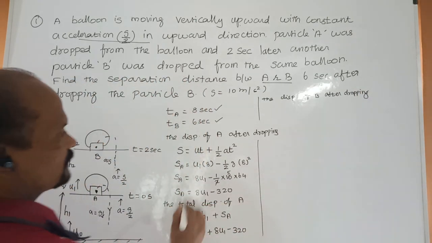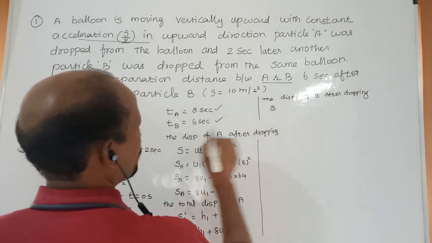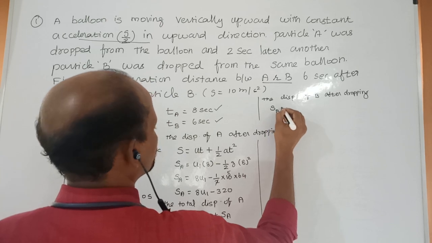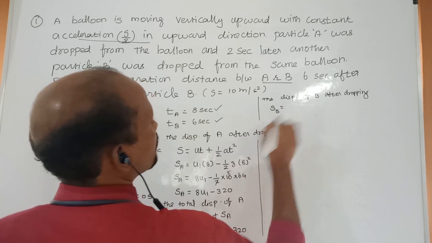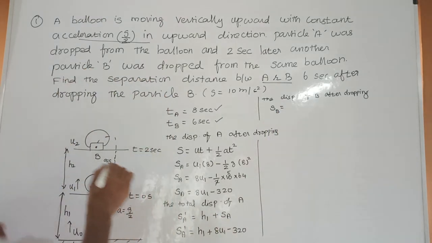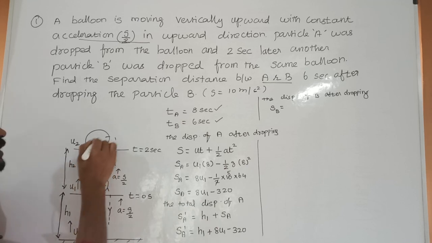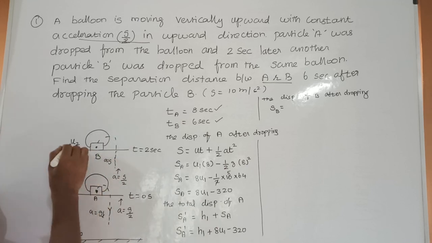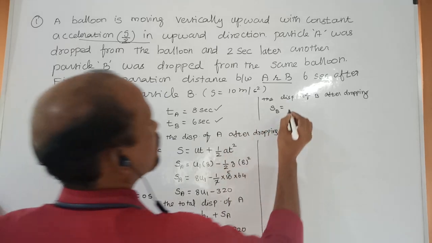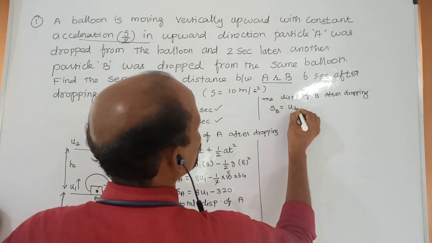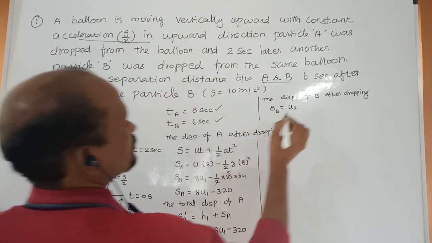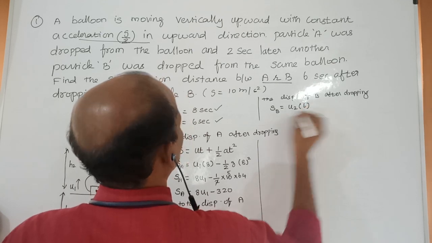After dropping, again using the equation of motion, S_B equals... after 2 seconds the particle B is dropped from the same balloon. So the initial velocity is u2, and the time is 6 seconds.